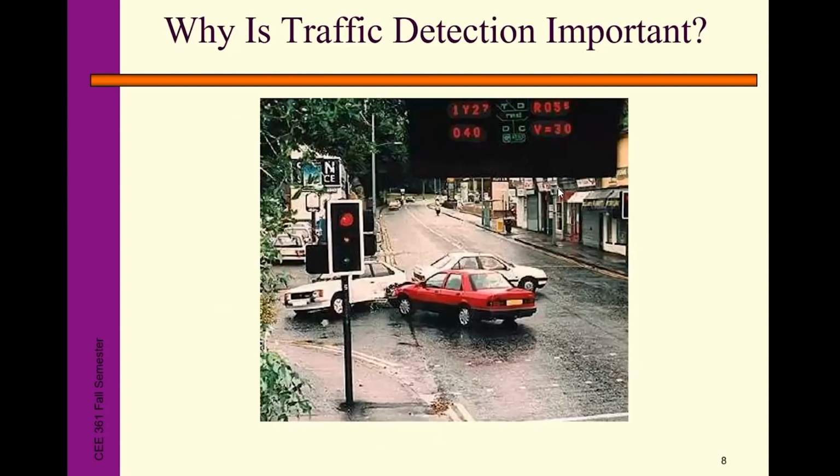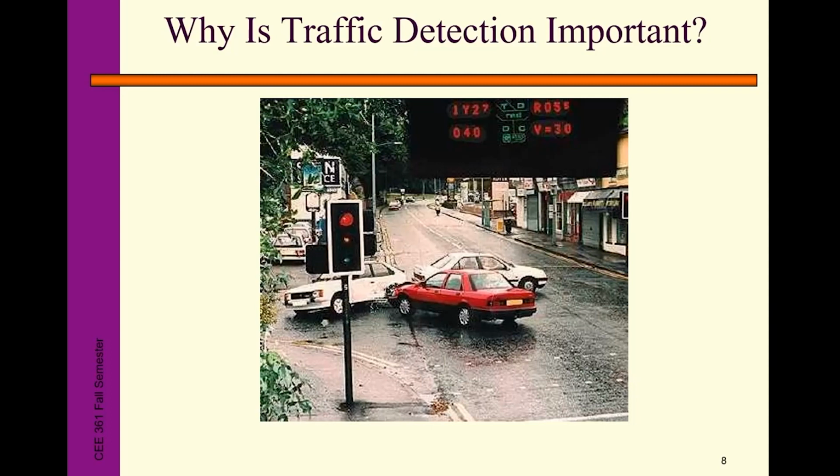This is another example. You see this is an intersection. We have what is called a red light enforcement camera system. The camera system is combined with the loop sensor system to form a red light running enforcement system.